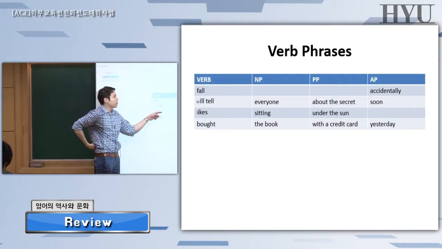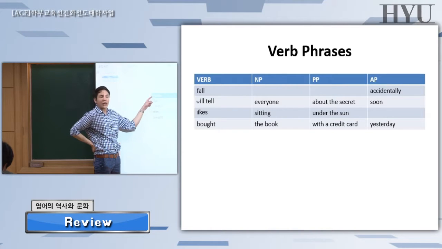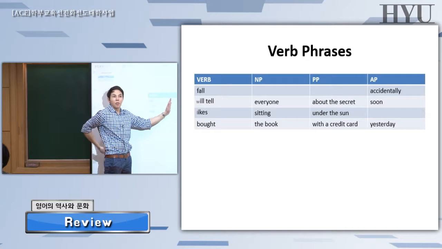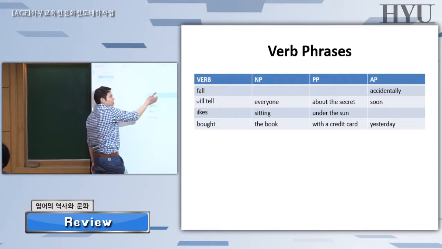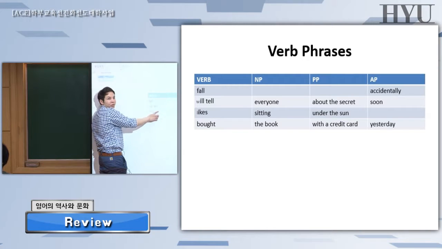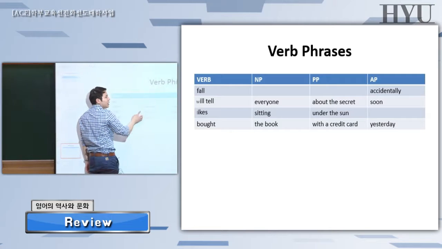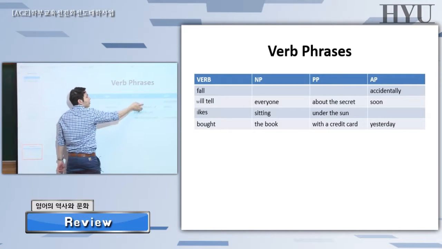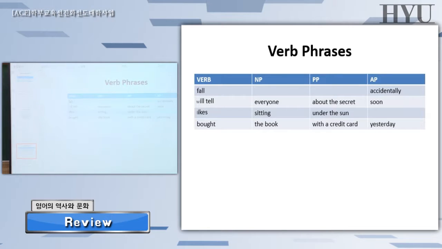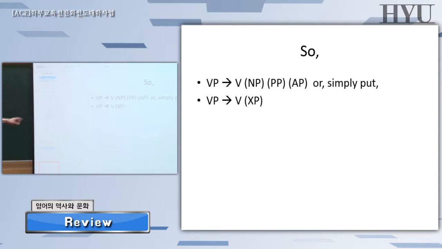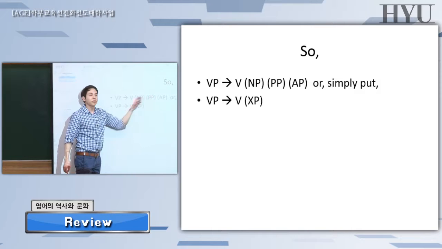But what is the most important thing here is the verb, right, which is the head word. And other things are optional, but they can be there, okay? So it seems that the structure of the verb phrase is you must have a V. You must have a verb, right? And you can have other things, NP, PP, or an AP, okay? So could be like this, right?